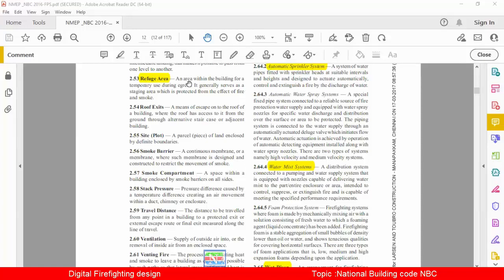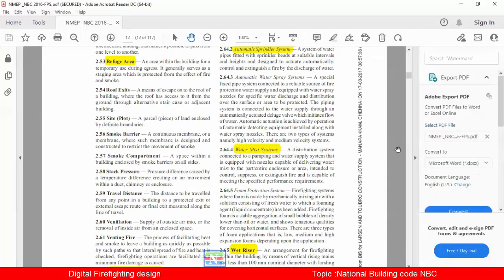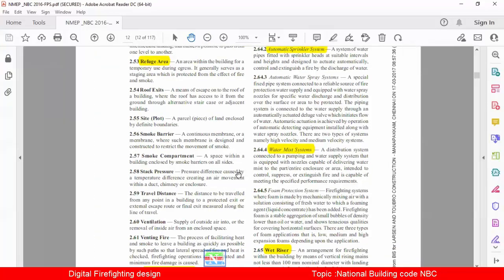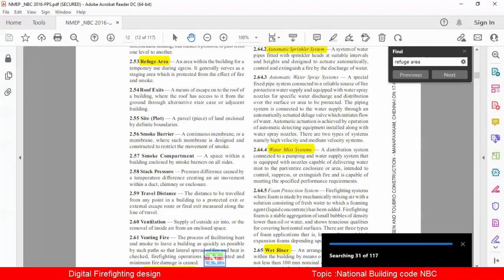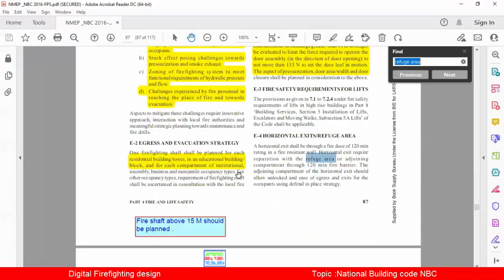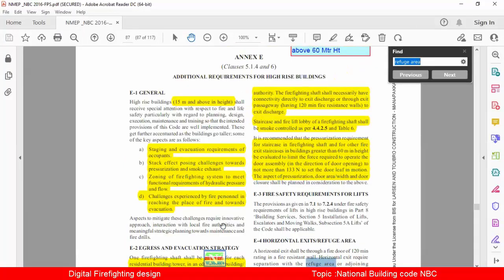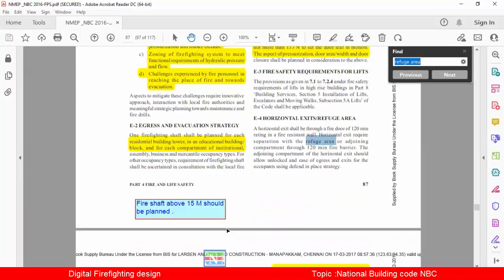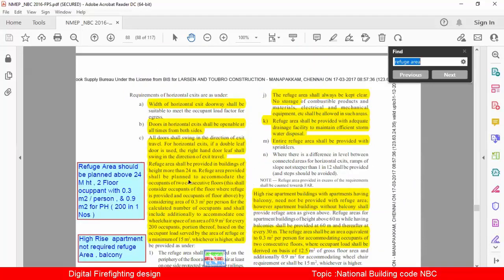I'll just show you again. Here you see. Can you see my screen? Yes, sir.